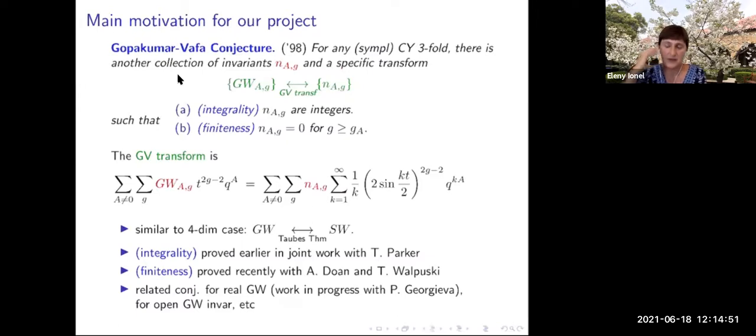Again, Doan and Walpuski have a conjectural definition. There are supposed to be some sort of generalized Seiberg-Witten invariants, and conjecturally we would count solutions to these generalized Seiberg-Witten equations in 6 dimensions, and then we would have something similar to Taubes' theorem. But again, those invariants are not yet well defined.